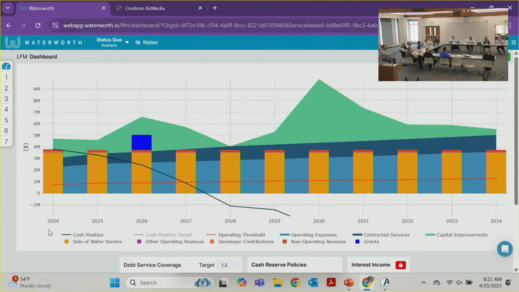Since 2026 shows a pretty good amount of the ARPA funds, since there is going to be a pretty good flush of cash right then, would it make sense, with trying to do a tax increase this year, to maybe hold off rates till 2027? Because you have plenty of money until 2027 based on ARPA.